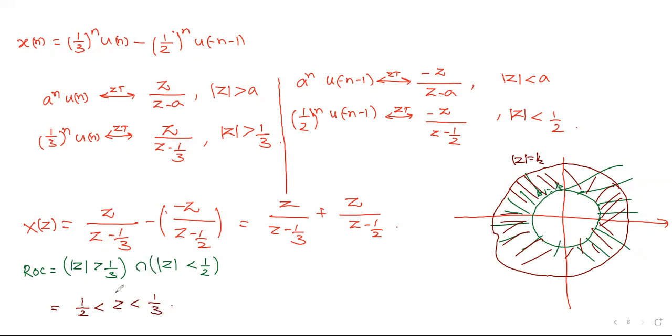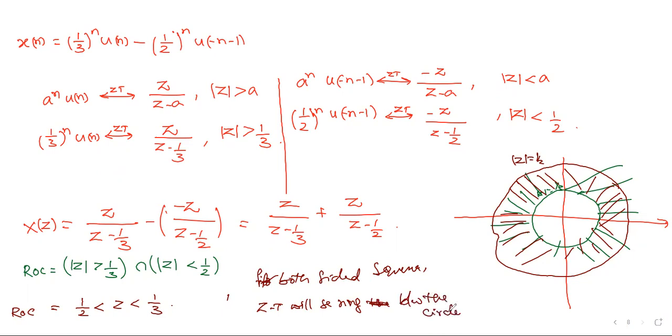So now this is the ring between the circles. If one sequence is right sided and another sequence is left sided, or we can say directly, if it is a both sided sequence, the ROC of the Z transform will be a ring between the circles.